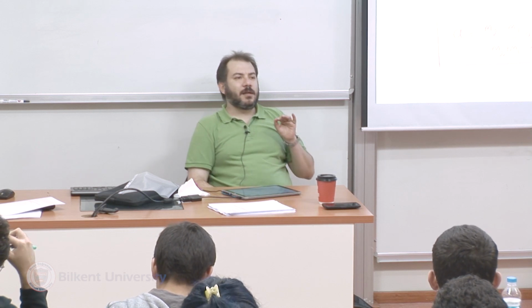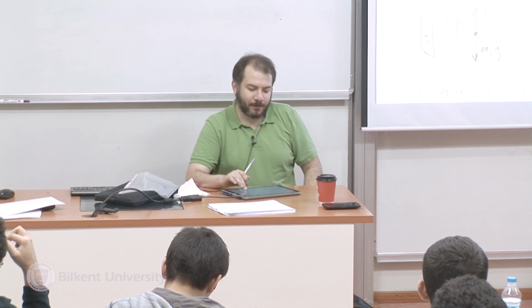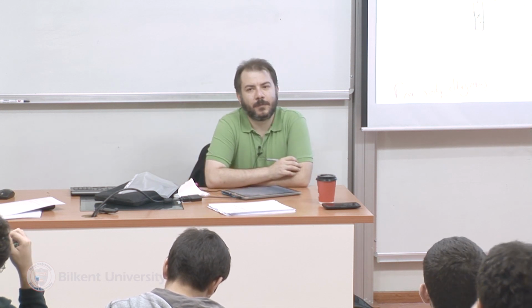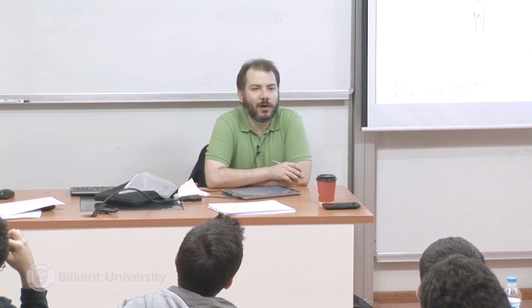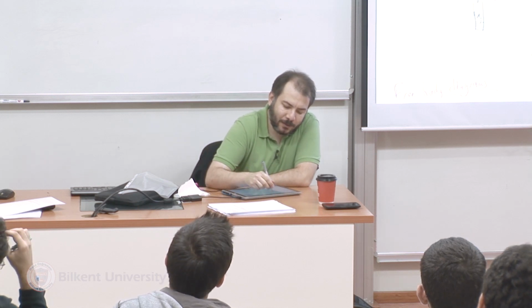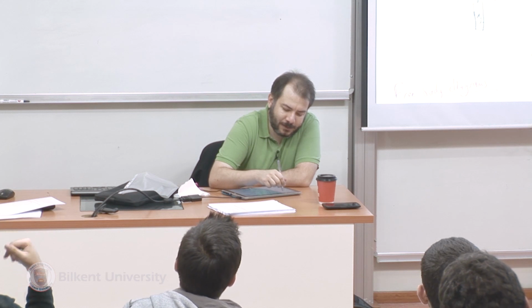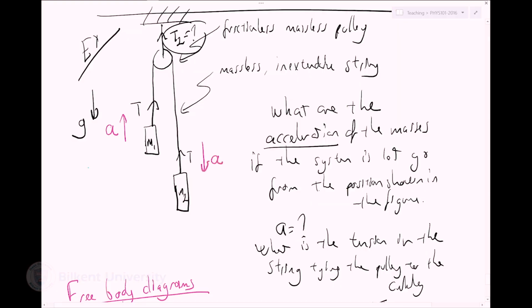Here's a point where a lot of first-year students have trouble. They keep asking, hey, how did we know that M2 will go down and M1 will go up? What if actually M1, let me supply a numerical value now. Let's say M1 is 2 kilograms and M2 is 1 kilogram.